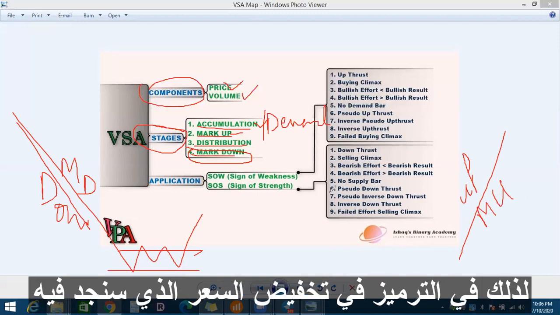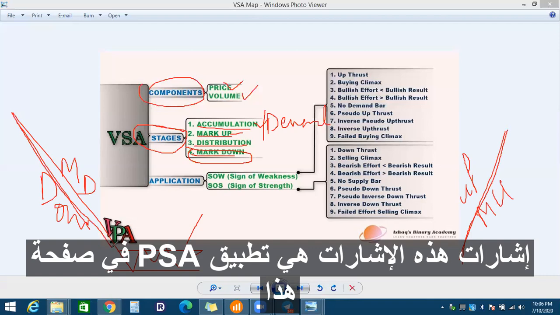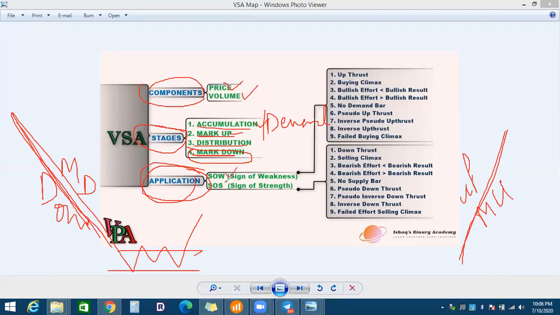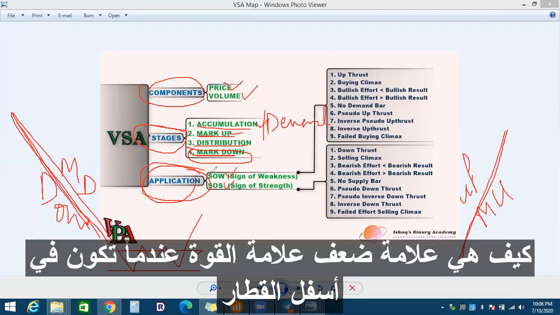So in the markup and the markdown movement, we will find the signals. These signals are the application of VSA. In the markup phase and the markdown phase, we will find these applications, and their names are SOW and SOS. SOW is sign of weakness; SOS is sign of strength.